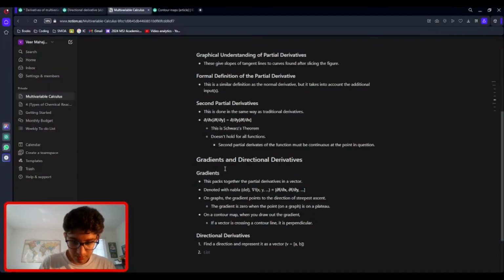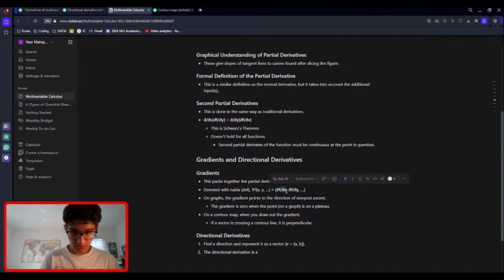So then you'll say, and vectors are bolded, right? So let's just do that. Vector a equals ab. To continue now, then the directional derivative is a times partial f partial x, I guess.